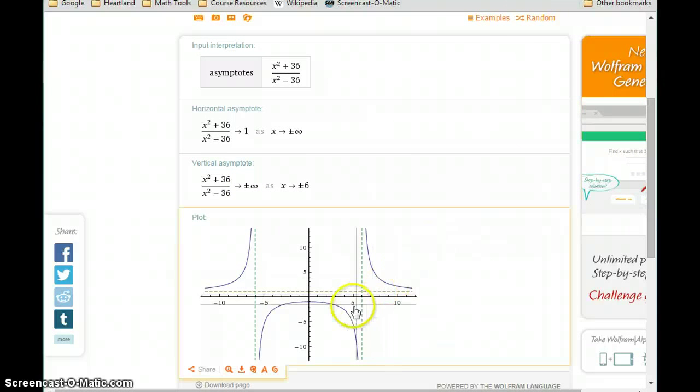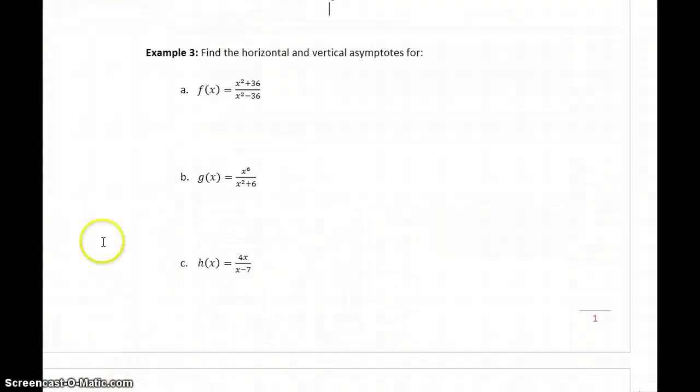And we've got a graph, again, to show us what's happening. So we have our horizontal asymptote, and we have the two vertical asymptotes represented. So in this case, we have a horizontal asymptote at y equals 1, and vertical asymptotes at x equals positive 6 and x equals negative 6.